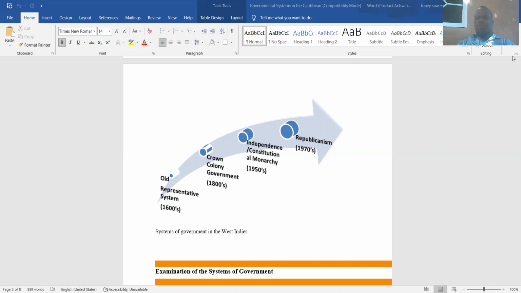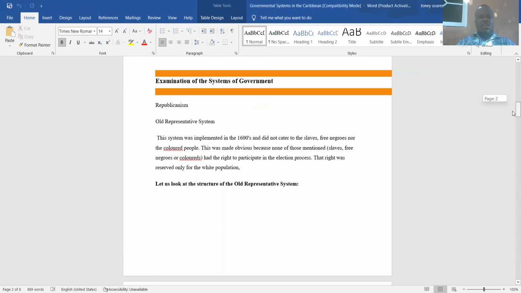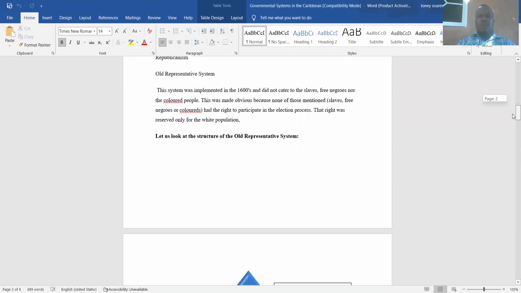All right. So now let us look at them in great detail. So the old representative system, this system was implemented in the 1600s and did not cater to the slaves. This was more for the white people. So it didn't cater really to the slaves, the colored people, or the slaves who were able to purchase their freedom or who were given their freedom by their masters, right?